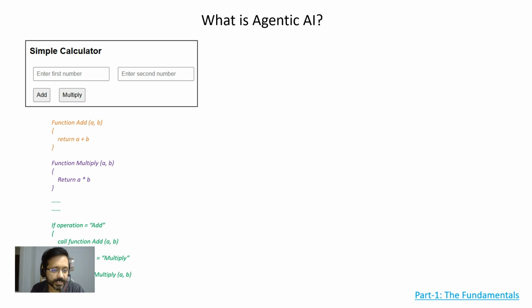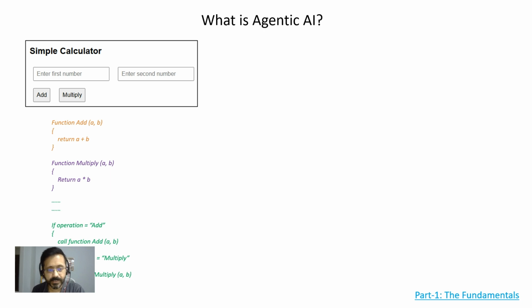If add, then I'll call the add function, or if it is multiply, then I'll call the multiply function. So you'll have to do the explicit programming here, and then you will have to get the results.